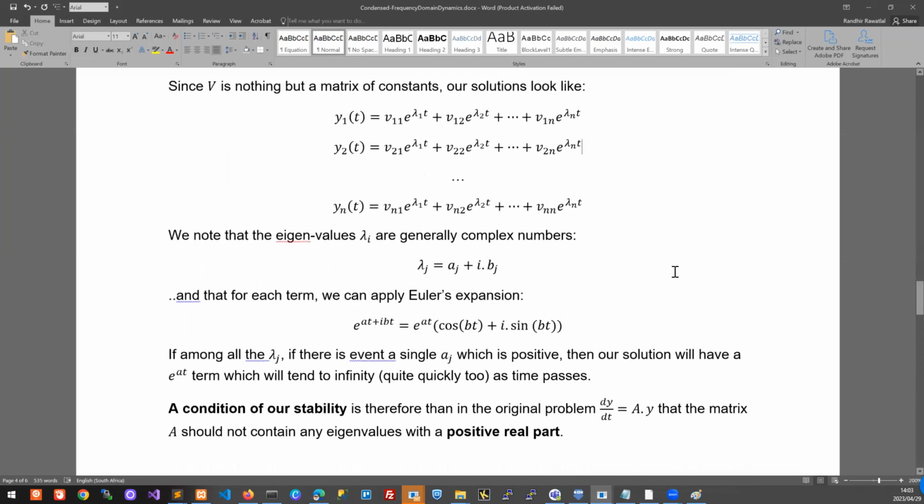And now let's relate that to what we said earlier about Euler's formula, right? We can see we've got these exponentials with the lambda t there. And this lambda can generally be a complex number.